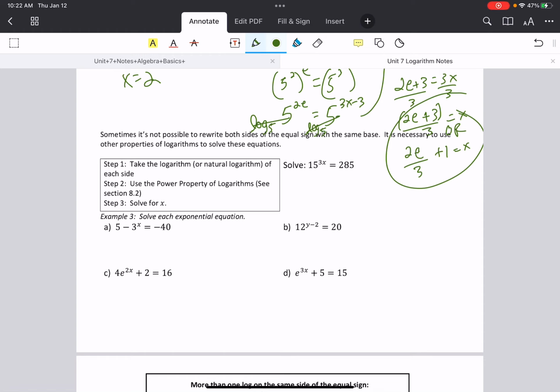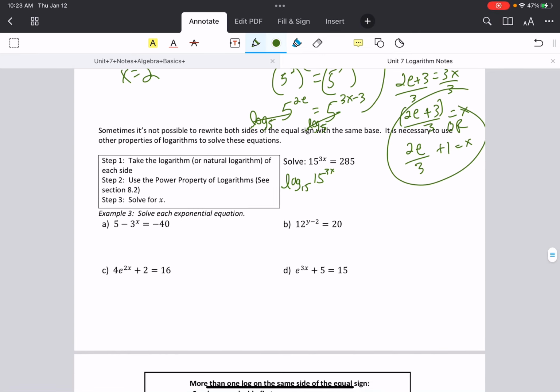No, I cannot. So first what I'm going to do is get the x down by taking the log base 15 of both sides. But it's not going to cancel over here.